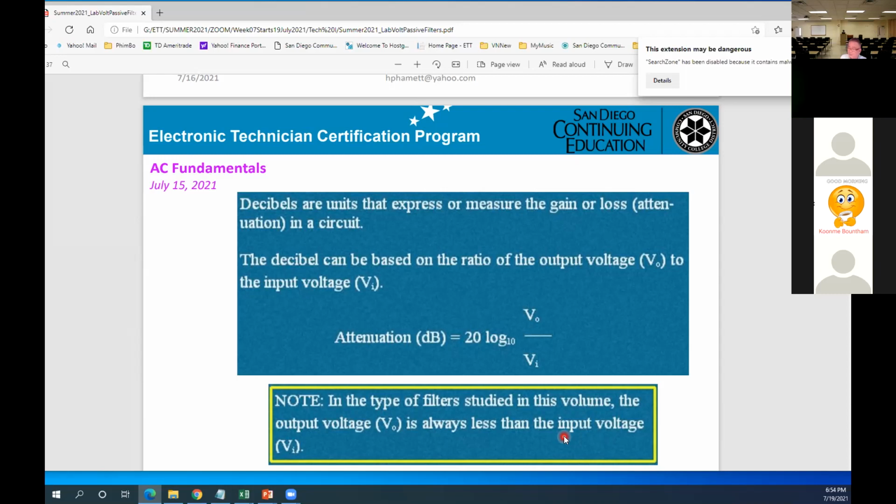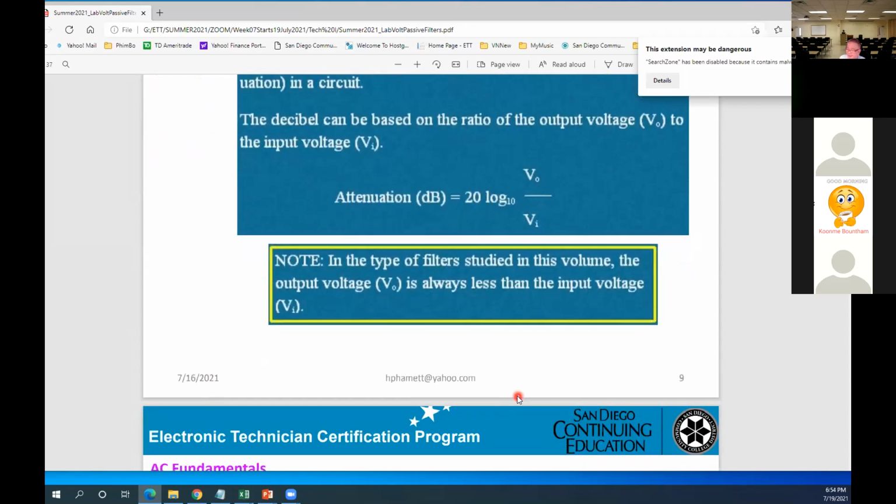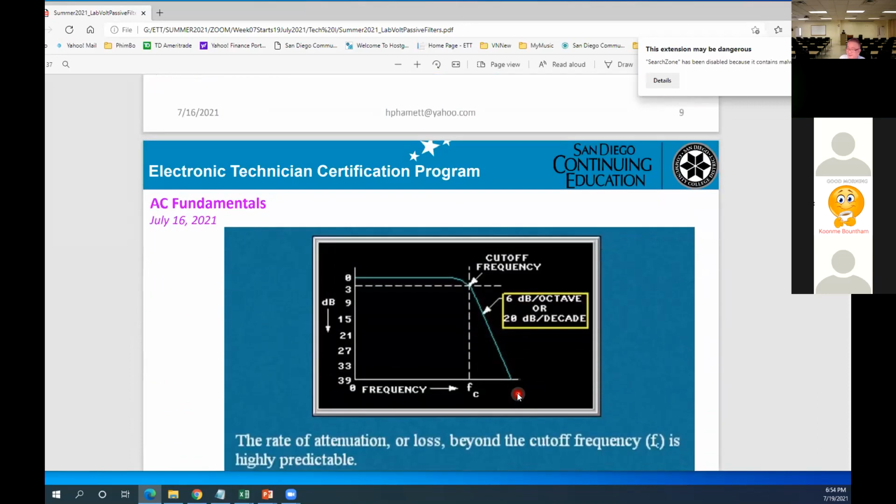Input and output are the same. So when you're working on the low pass filter circuit board, you can see that. Make sure you remember: output is always less than, or equal to, the input voltage.